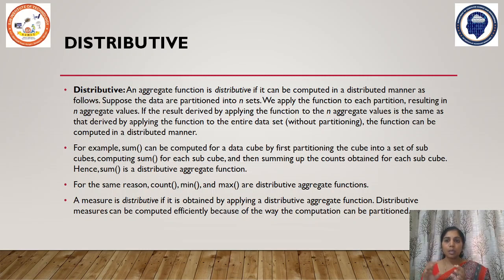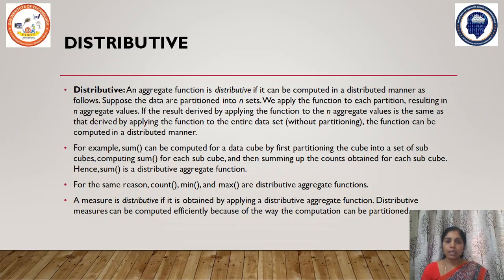Hence, sum is a distributive aggregate function. So, when the computation is done for a data cube, first you partition the cube into a set of subcubes, next compute the sum for each subcube, then sum up the values obtained. For the same reason, count, min, and max are distributive aggregate functions. A measure is distributive if it is obtained by applying a distributive aggregate function. Distributive measures can be computed efficiently because of the way the computation can be partitioned.